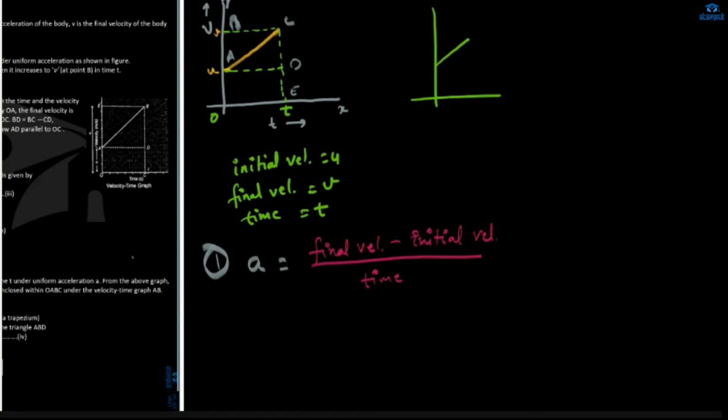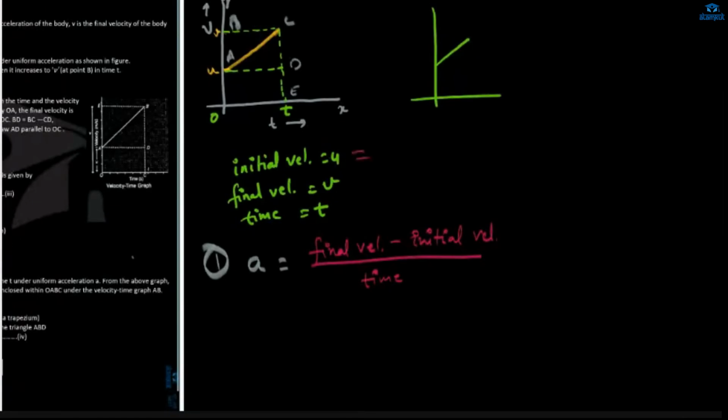I asked that from the graph we have got this information: initial velocity u, final velocity v, and time t. So can we put these values in this, because we have to do this using the graph?